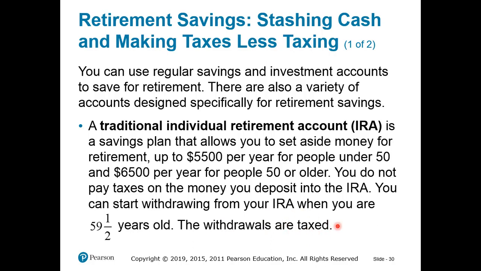The withdrawals are taxed. Now, you can also do a Roth IRA, which means that you're going to put in after-tax dollars. So now there's the old saying of you either can pay taxes on the seed or you can pay taxes at harvest. And so if you don't pay taxes on the money that you're investing, then Uncle Sam is gonna want their money.